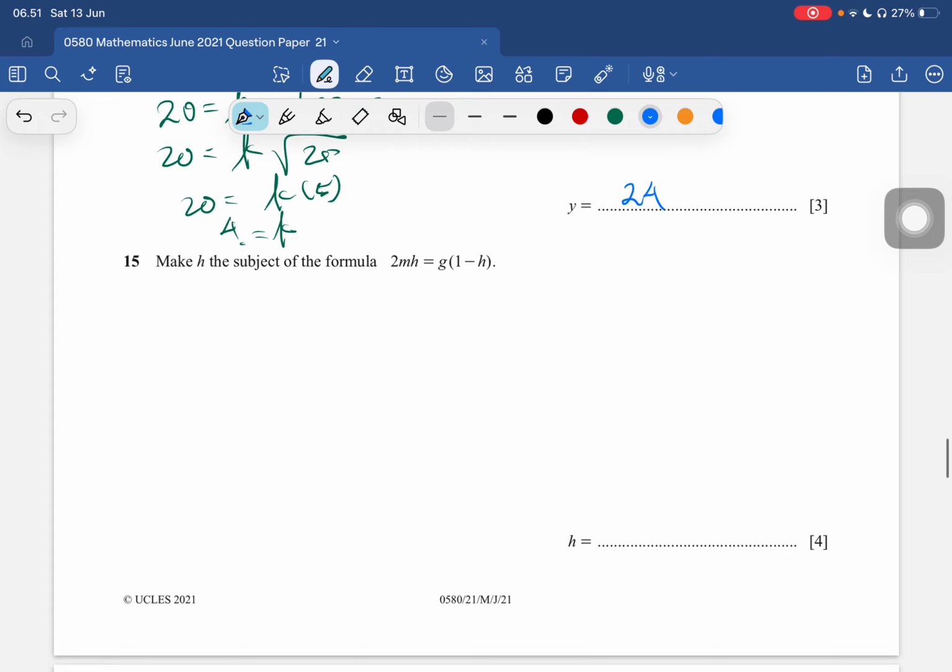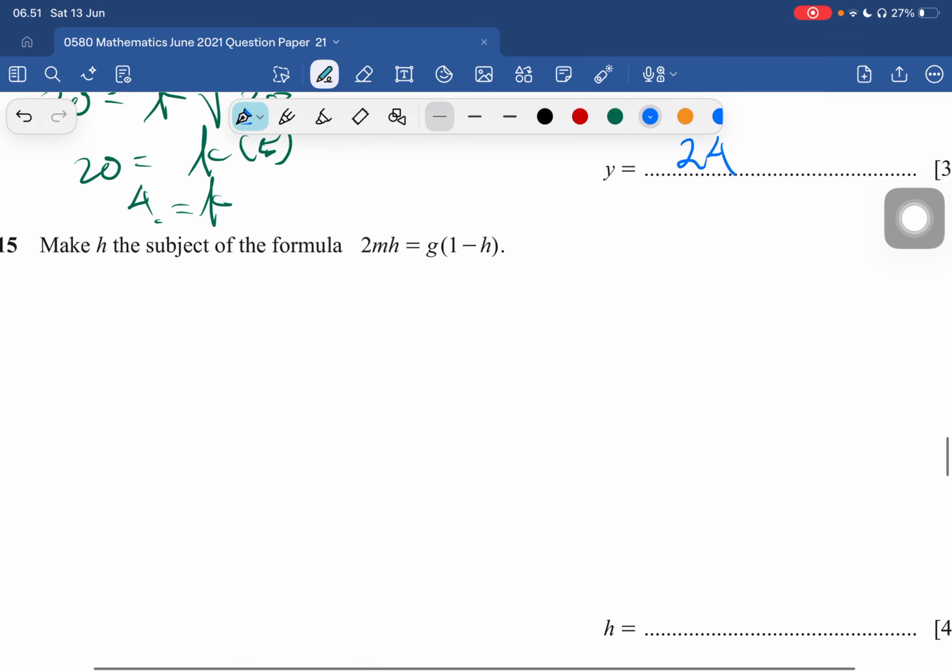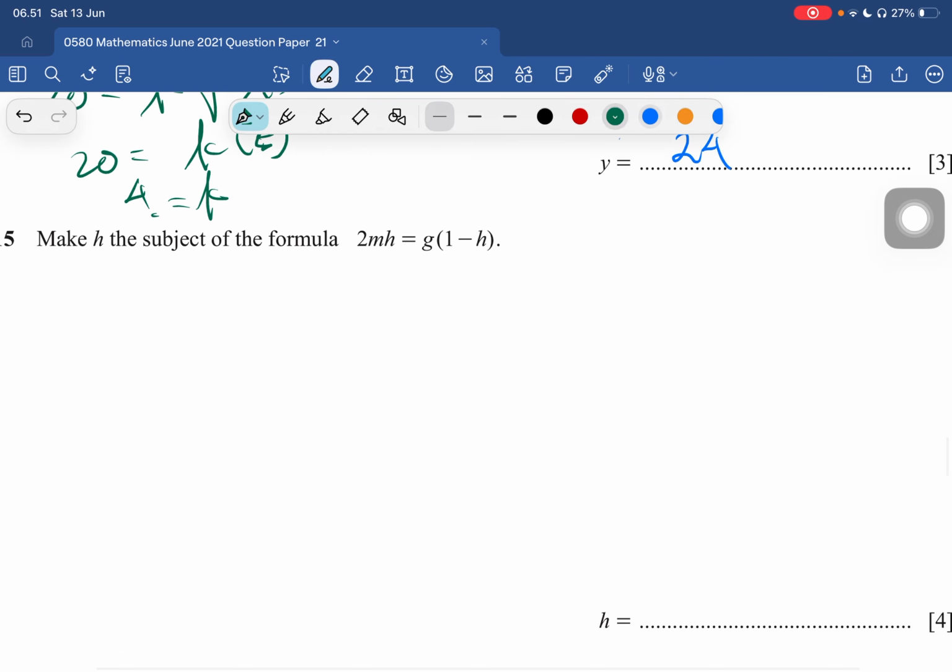Okay, 15. Make h the subject of the formula. First, let us expand the bracket. Here is g minus gh equals 2mh. Let us collect the h terms, so we add gh to both sides: 2mh plus gh equals g.